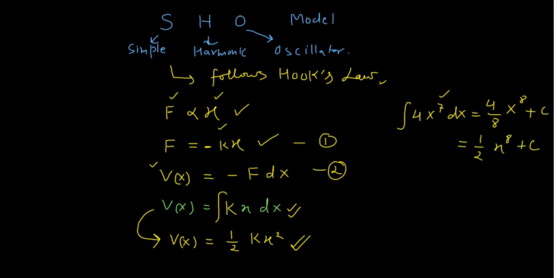In the same manner, if you apply this concept here, it was the integration of kx dx. So you write this k here, and then you put x, that means x square, here, and you divide this by 2, so that will give you half of kx square.